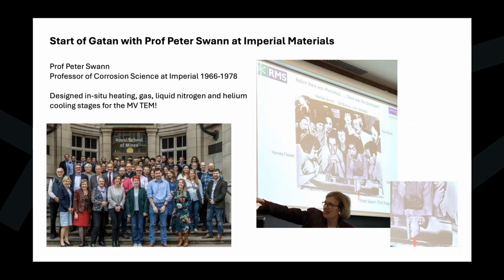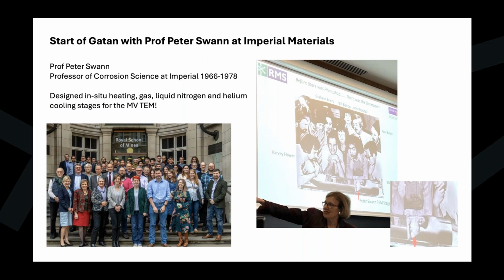Now what I want to just quickly talk about at the very start, because it's always nice to talk about the history of electron microscopy, is that Gatan was one of the founders, Professor Peter Swann, who actually started Imperial Materials, and I was lucky to get some very wonderful PhD students from him back in the day, where we had a reunion when we opened our center.